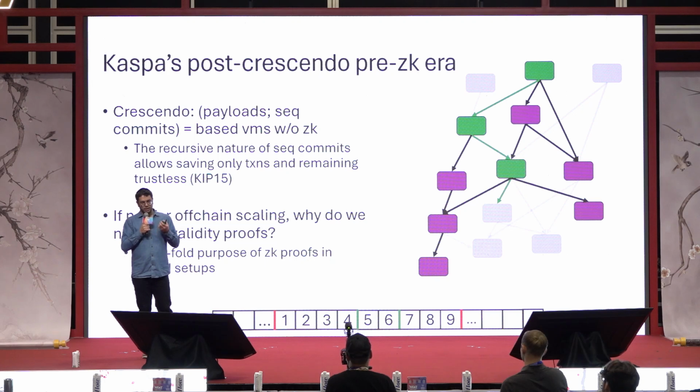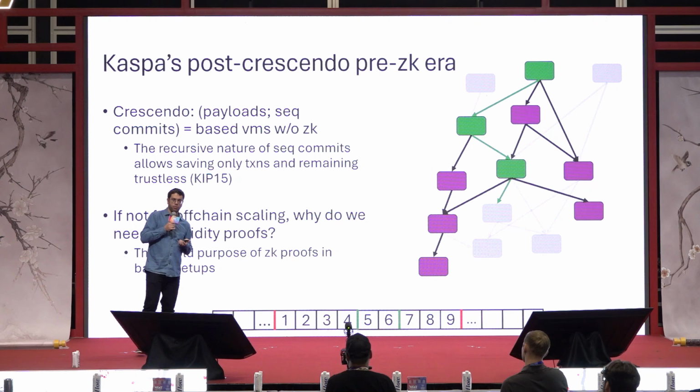Just want to emphasize the importance of zero knowledge in a based setup. Because if you're not based and you don't have zero knowledge, then you're unrelated to L1. There's nothing linking you.